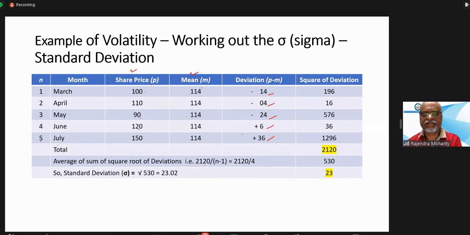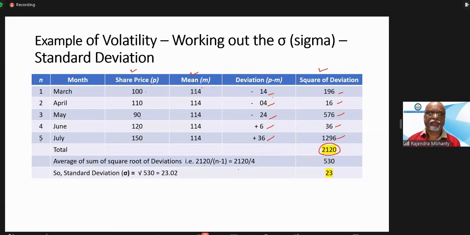This is the difference between share price and mean price. Next, you have to square this deviation. Whatever deviation you got, you square it. So that becomes 196, 16, 576, 36 and 1296. Everything will be positive. The total of the squares of the deviations is 2120.